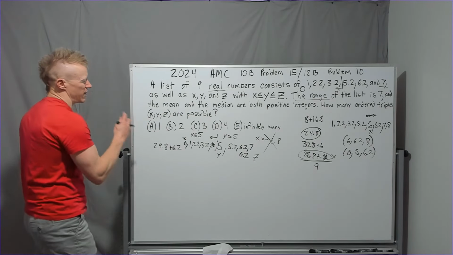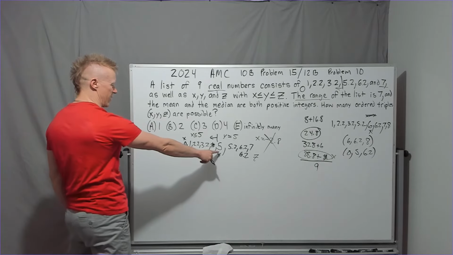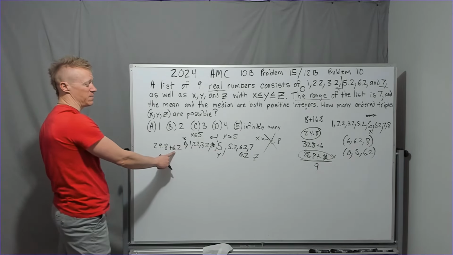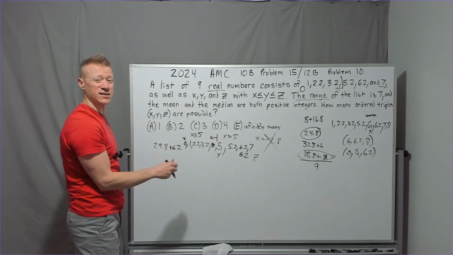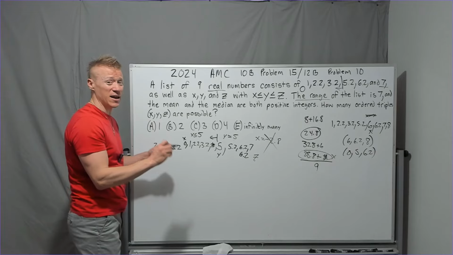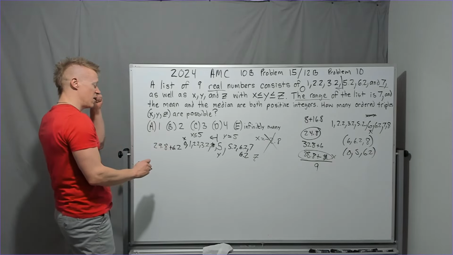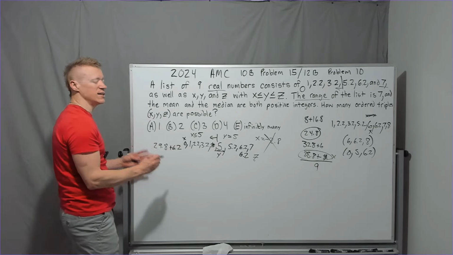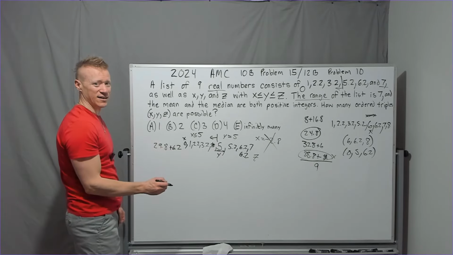So now what I want to know is, once the y was 5, this was kind of forced, right? I can't get to 45. It'd be way too big. I wouldn't have a range of 7 anymore. But still ask the question. Make sure you justify why you're not doing that. Okay, so that means once you had this, that's the only solution when the median is 5.